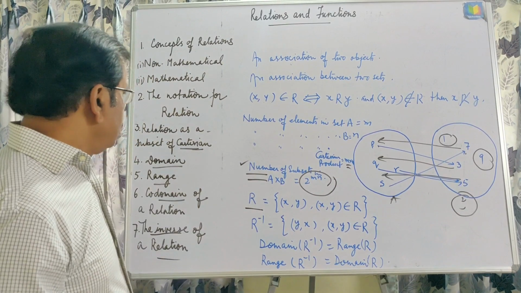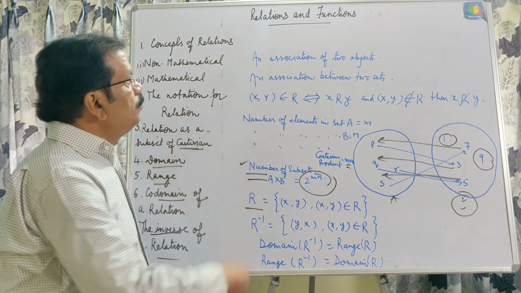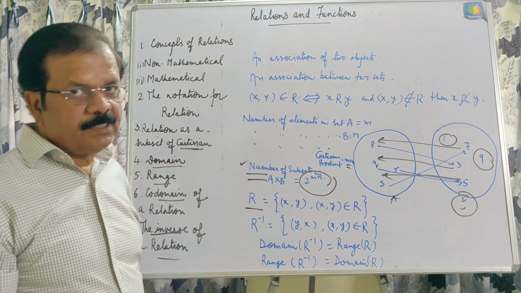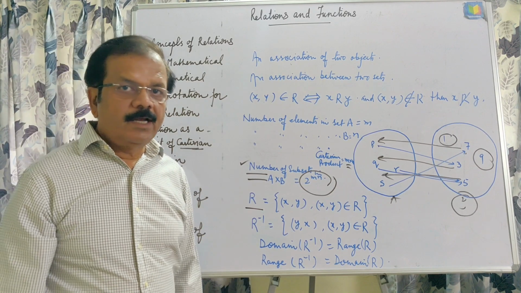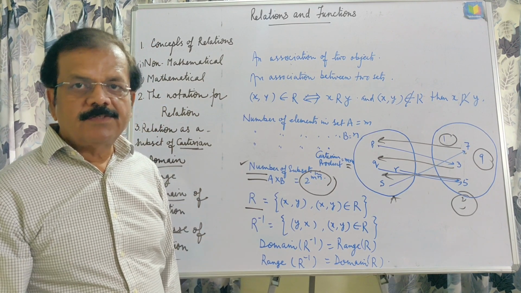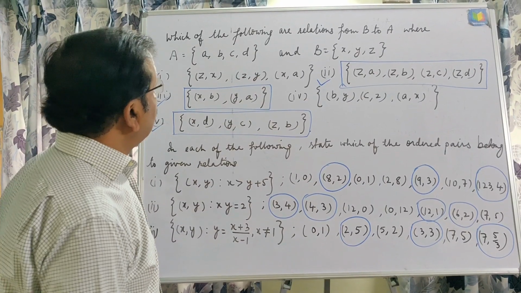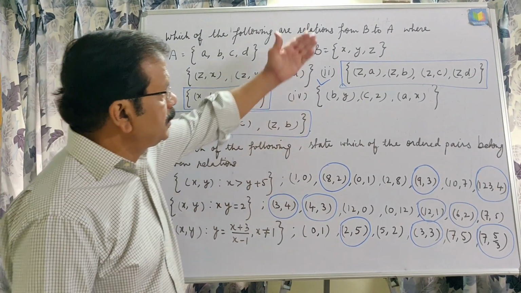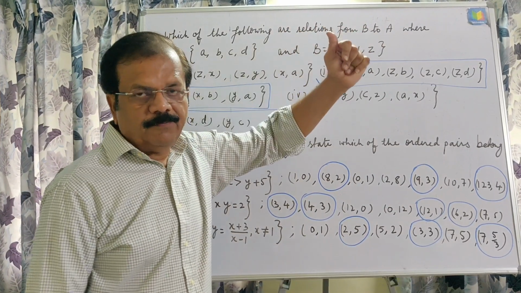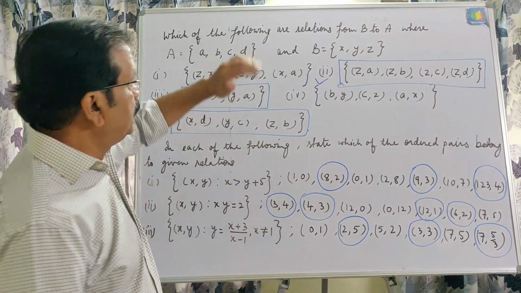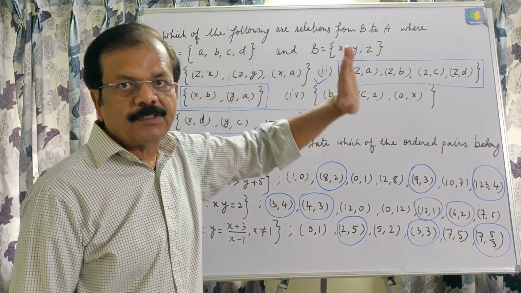This is all about the terms that will be used frequently in this topic, and now with the help of questions this will become more and more clear. Now the questions. In this question, which of the following are relations from B to A? We just studied that relations are subsets of the Cartesian product.